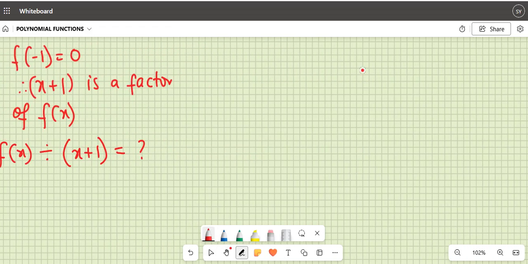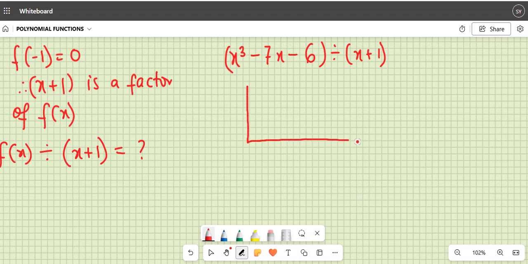So our next stage is that we are going to use synthetic division to divide f of x, which is x cubed minus 7x minus 6, by x plus 1. Alright, so x plus 1 equals 0, so we are going to have negative 1 out.